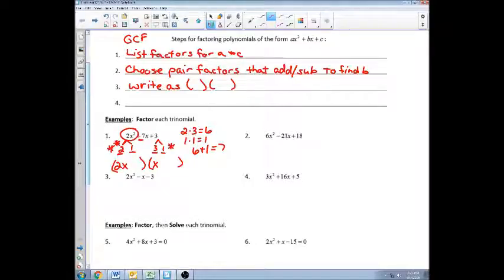Now I'm going to come back over here and see what I multiplied each number by that ended up adding to positive 7. So I multiplied my 2, or my 2x, by 3, right? So I'm going to put that back here, because when we do double distribution, I multiply the beginning times the end.